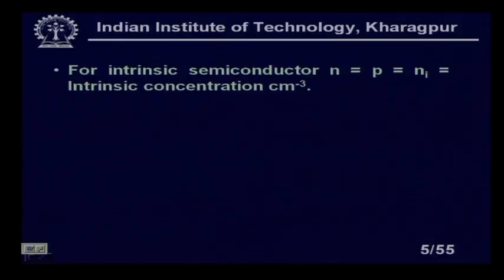So, for an intrinsic semiconductor, n equal to p equal to ni, which is called the intrinsic concentration. When the semiconductor is doped, we call it an extrinsic semiconductor. In that case, n and p cannot be the same, because it depends on what type of doping. In the case of trivalent impurity, the hole concentration will increase, and so on and so forth.